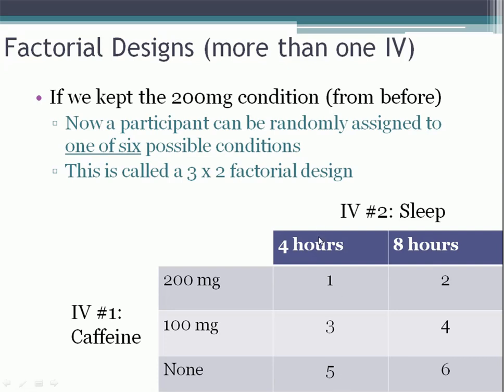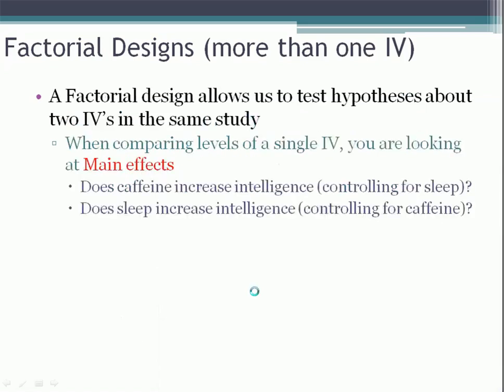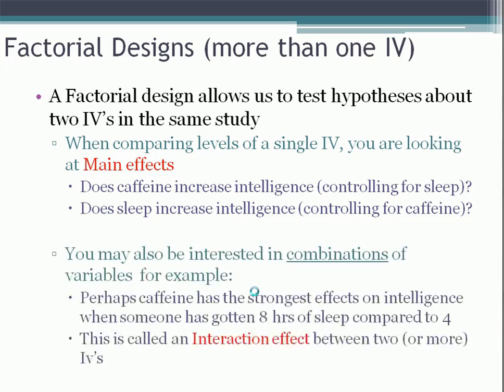And when we do our comparison of just this group to this group, 4 to 8 hours, then what we're doing is we're controlling for this. That means we have equal numbers of people in all of these different groups, and so we're controlling for the effects of caffeine, right? Because the same thing is true in the 8-hour group. They have the same distribution of people in this caffeine group. So when we look at just one independent variable at a time, we're controlling for the other independent variables in the design, and we call this a main effect.